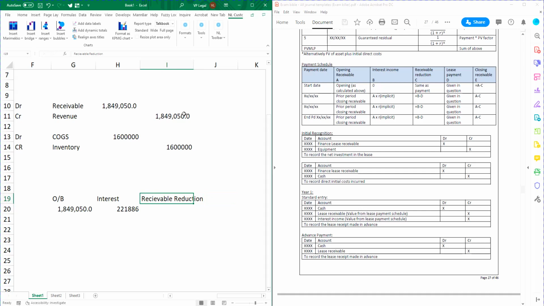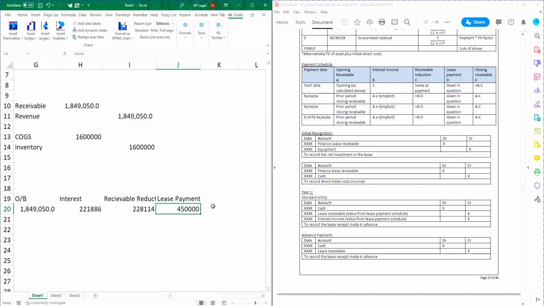This is the reduction of the payable amount for the lessee, and it's the difference between B and D. So this is B, interest, and D is the lease payment. So we know they're paying 450k, and therefore the difference is 228.